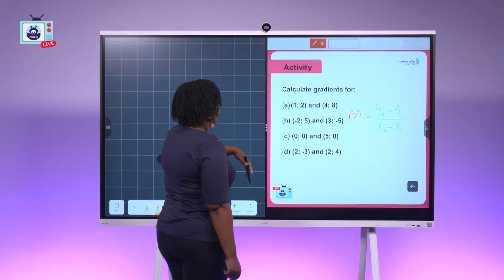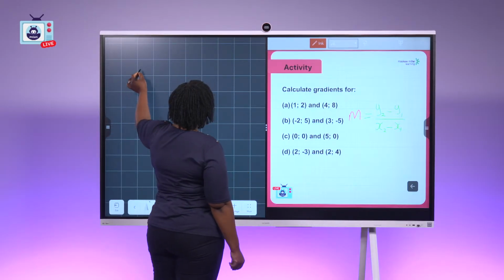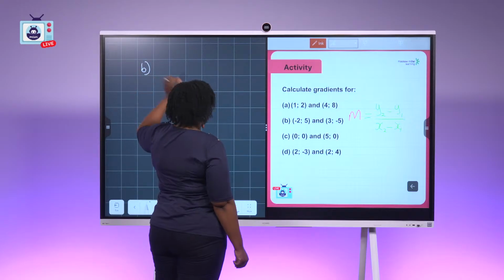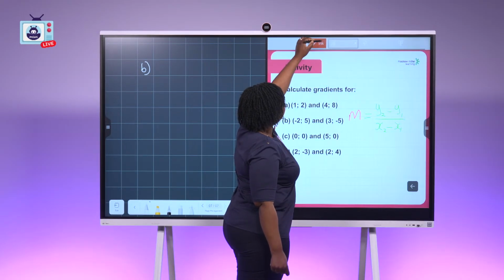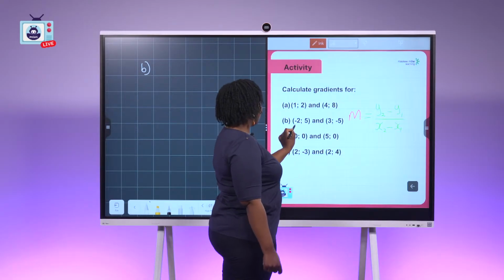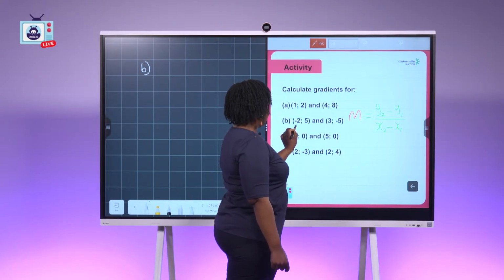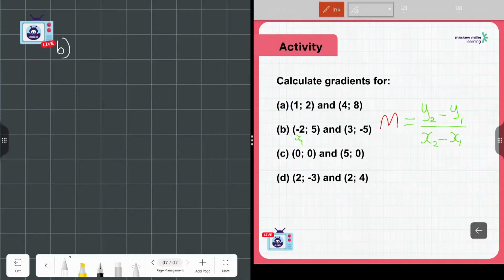With all these questions, we're going to do the similar thing, but let's try number B in a very quick way of writing it. So let's see, I have my x1 to be negative 2 and my x2 to be 3, while my y1 is 5 and my y2 is a negative 5, like that.